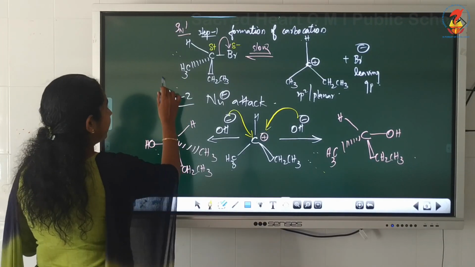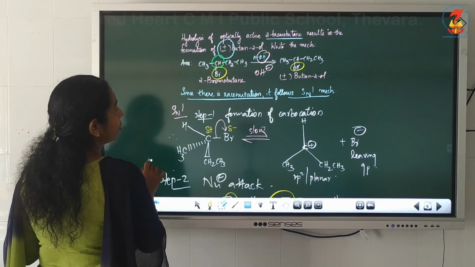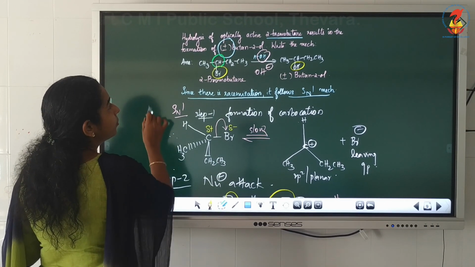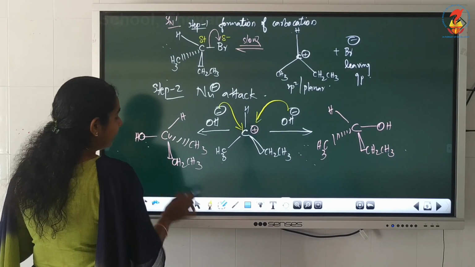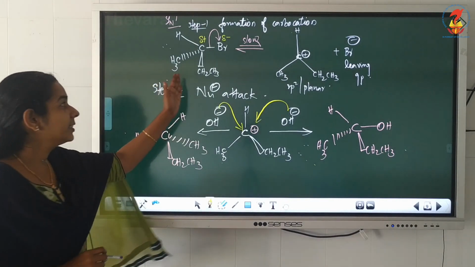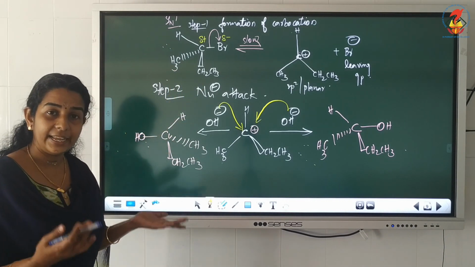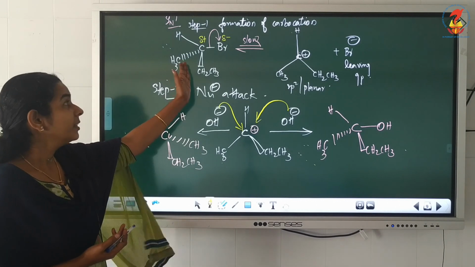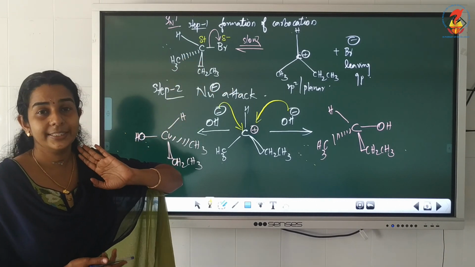here in the question, it is only mentioned as the hydrolysis of optically active 2-bromobutane. It is not mentioned whether the alkyl halide, this 2-bromobutane, is dextro or levo. So we can take this alkyl halide as dextro, or we can take it as levo.